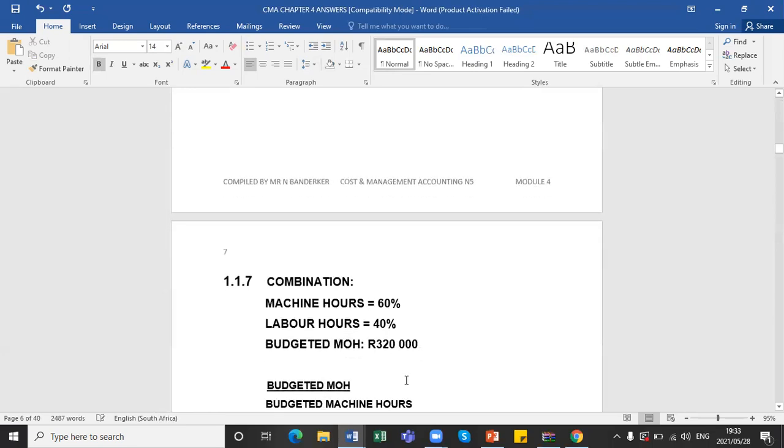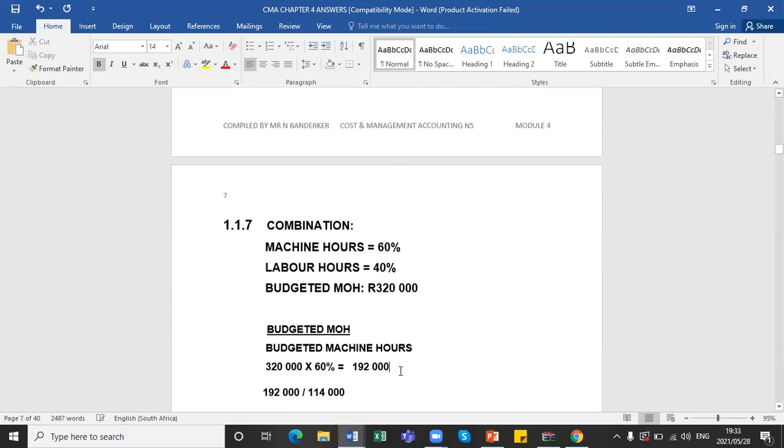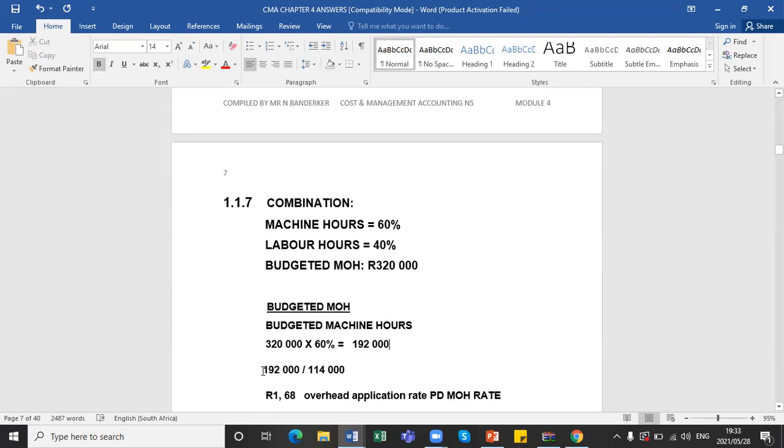So if you use machine hours as the base, it's budgeted overheads over budgeted machine hours. The budgeted MOH was 320,000. So in this case, you only use 60%, which is 192,000. You take 192,000 divided by 114,000. There's your predetermined rate.